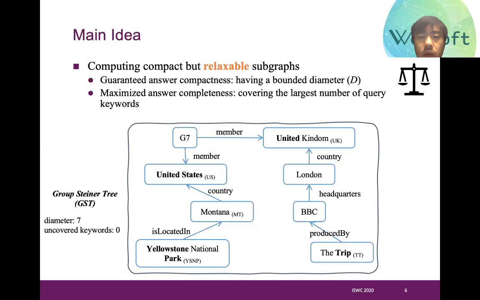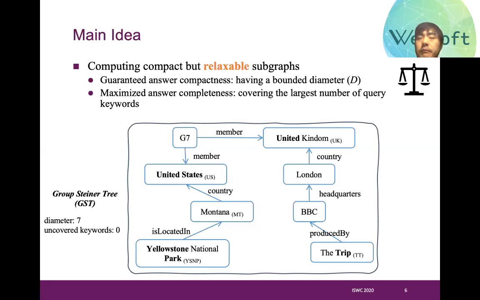Our idea is that we want to guarantee answer compactness. We want to define a bound for the diameter of an allowable answer. The bound is called D, so that we can have a guaranteed answer compactness.